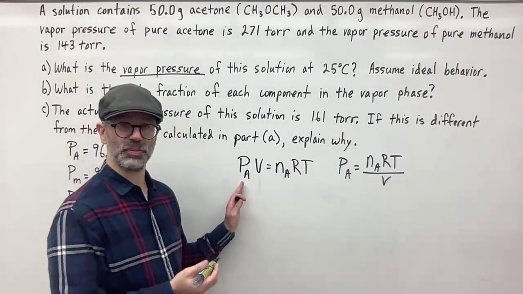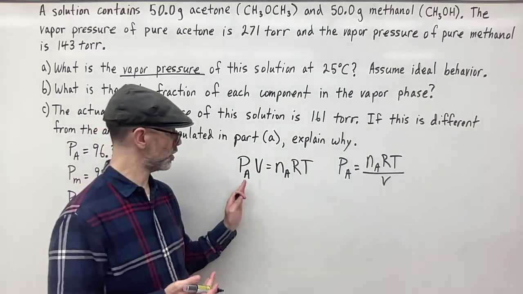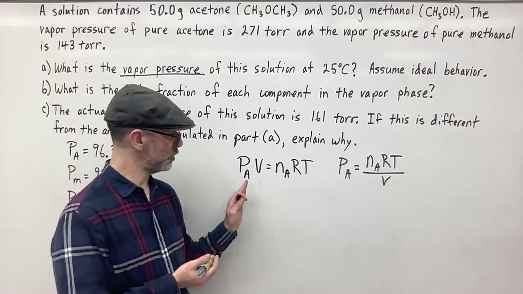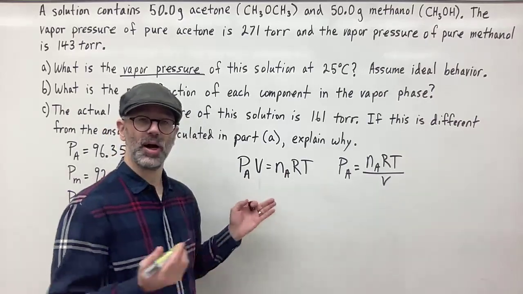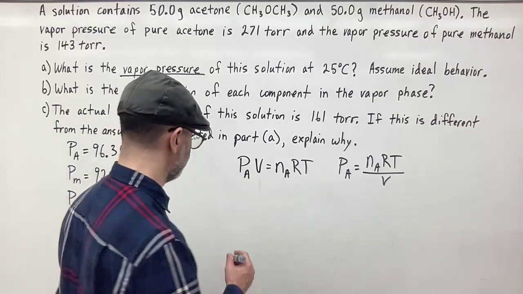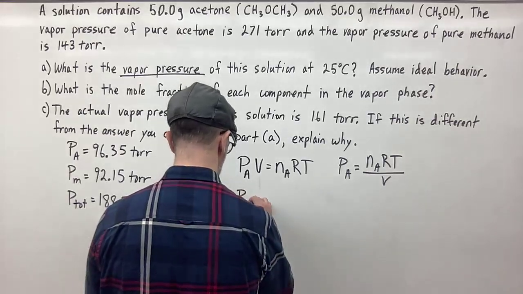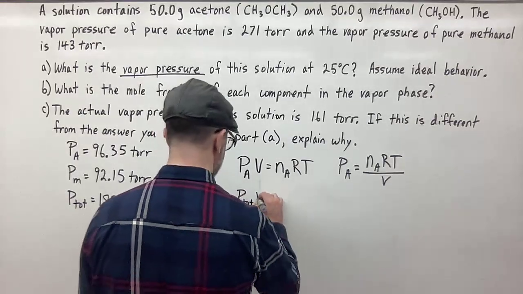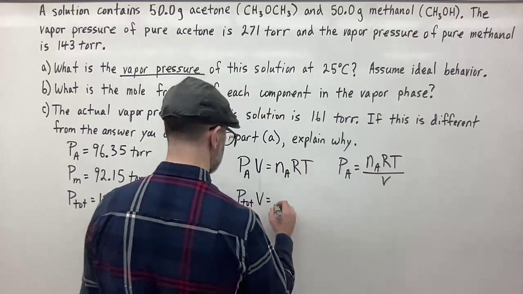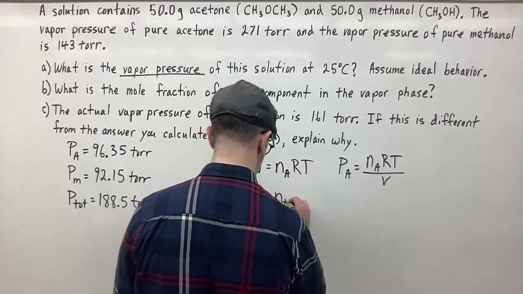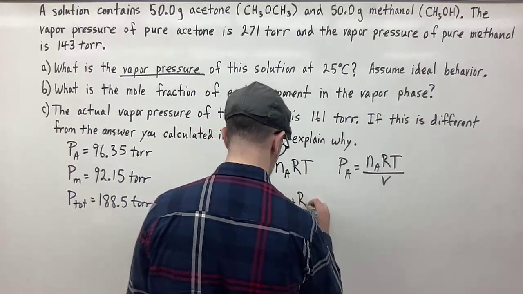If you're trying to find the partial pressure of a given gas, you could use this. But also the total pressure of a mixture of gases. So P total, the total pressure times the volume, is going to be equal to the total number of moles times RT.